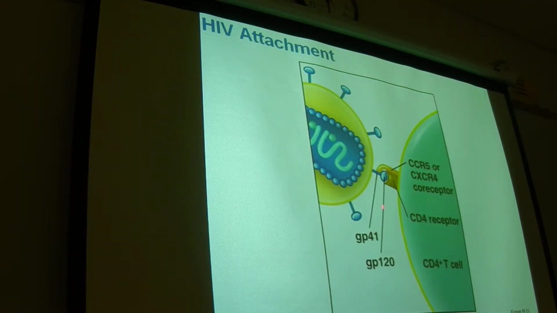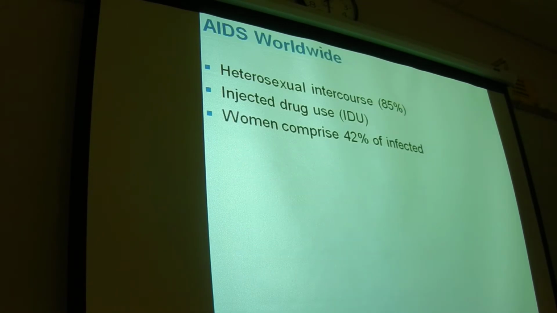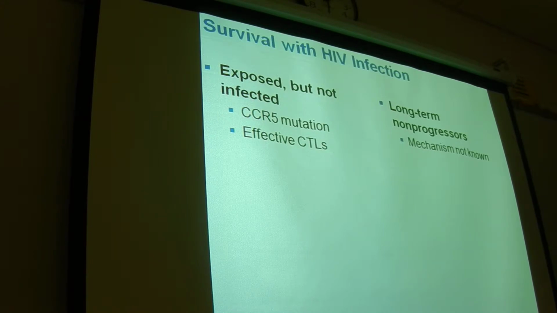So in order for the virus to adhere to the host cell, it binds to the CD4 receptor, but it also has to have this co-receptor that it binds to. Okay, CCR5 or CXCR4. Okay? So there are people that have a mutation where they don't produce CCR5 or CXCR4, and basically it prevents their cells from being infected by HIV.